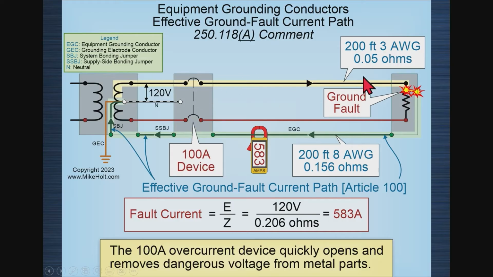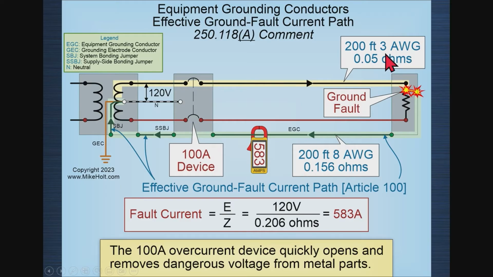And if we know the resistance of the hot wire and we know the resistance of the return path, if we take the resistance of 200 feet of 3-gauge wire and a 100 amp breaker, Eric, we go to table 250.122. It says you can use an 8-gauge wire, which would be smaller than the phase conductors, right, guys?